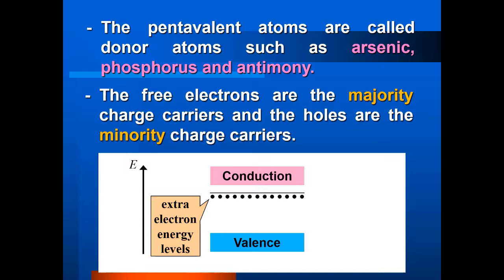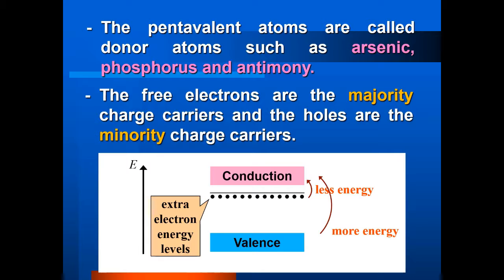And this diagram shows the energy level. If you want to get an electron out from the covalent bond, it needs more energy compared with a free electron to conduct electricity. So this is the energy level for the extra electron, because the extra electron is at the outermost shell.